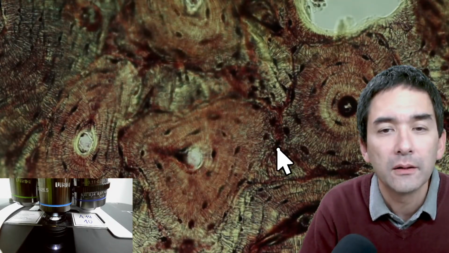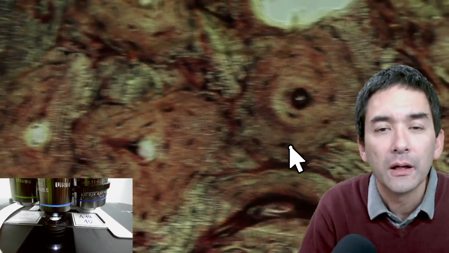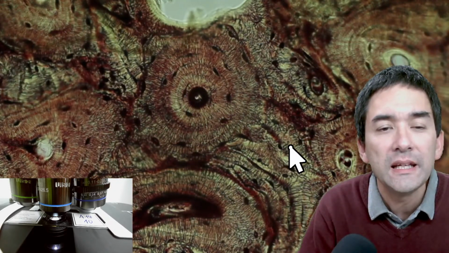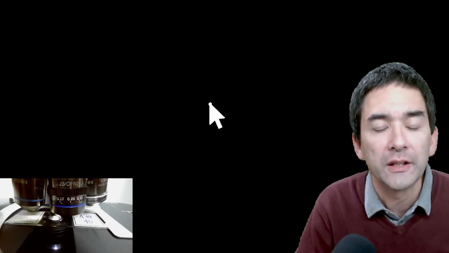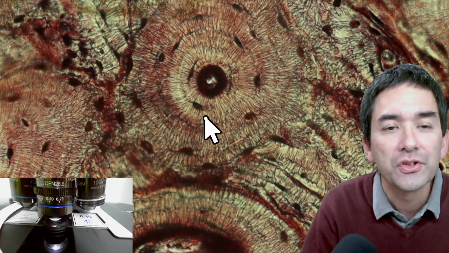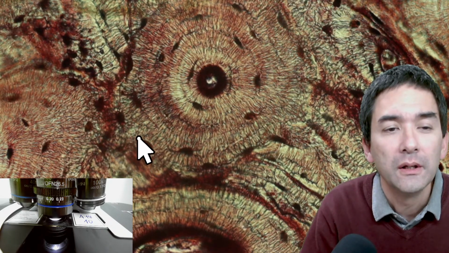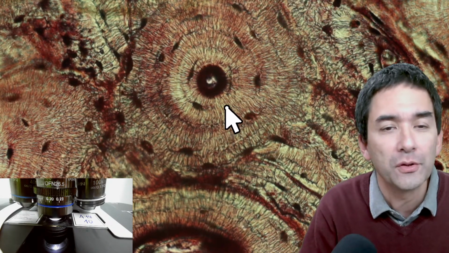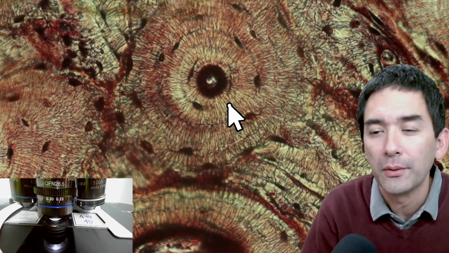Here you see a little bit better how the blood vessels are radiating outwards from this central canal, I think it's called. Osteocytes, that's what these cells are called. And of course there is the bone. A lot of minerals are also deposited, because the bone has to be hard.